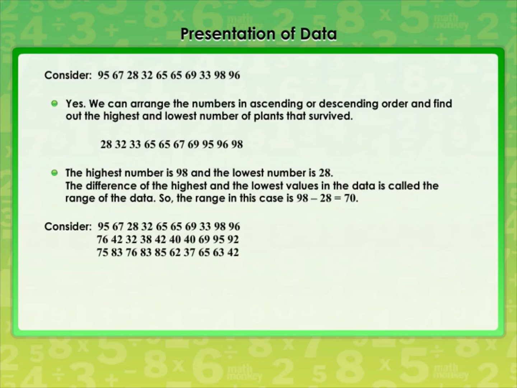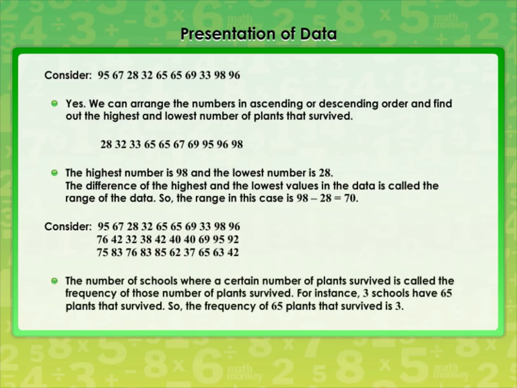Now consider the number of plants that survived in the first 30 schools. Here, presentation of data in ascending or descending order can be quite time-consuming since the number of observations in this experiment is large. Hence, we find the frequency. The number of schools where a certain number of plants survived is called the frequency of that number of plants survived.